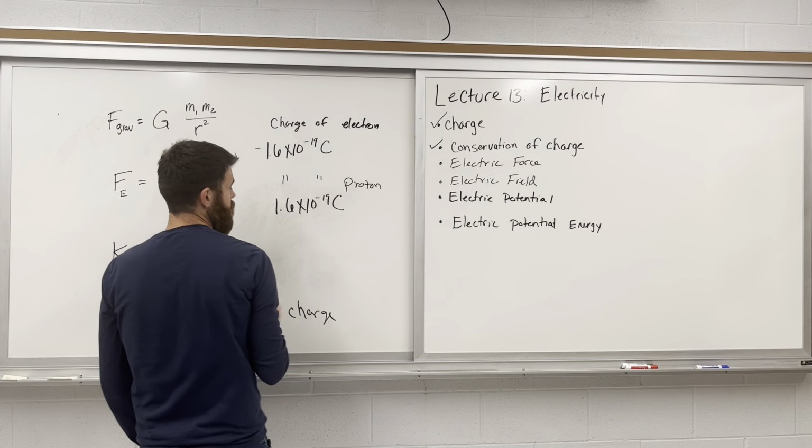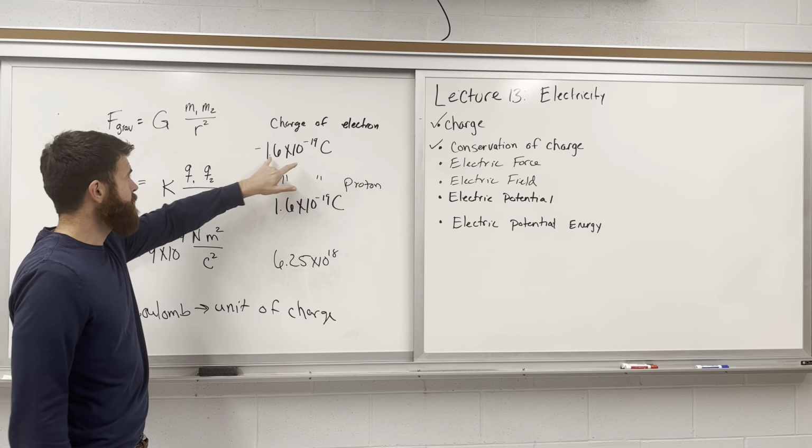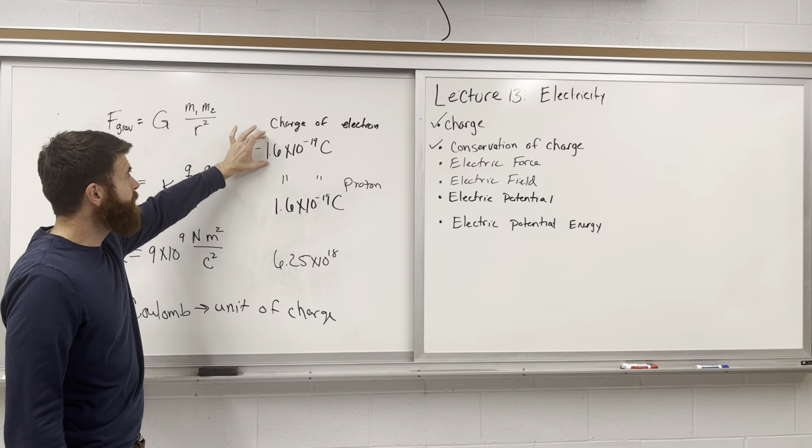So 1 coulomb is kind of defined by convenience, but this is the amount of charge in coulombs of an electron or a proton. So this is the fundamental amount of charge. Charge exists in multiples of this number, negative or positive. If you have 1 electron and 1 proton together, they cancel each other out.